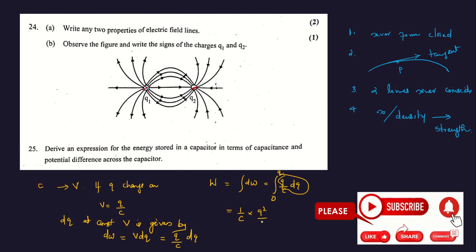We know it is Q square by 2 between the limits 0 to Q. That is equal to half Q square by C. But we know the equation Q is equal to C into V. So we can put the value Q is equal to CV, so C square V square. So we get the relation as half CV square. So this much amount of work is done to charge a capacitor and is stored as the potential energy there. So that is half CV square.